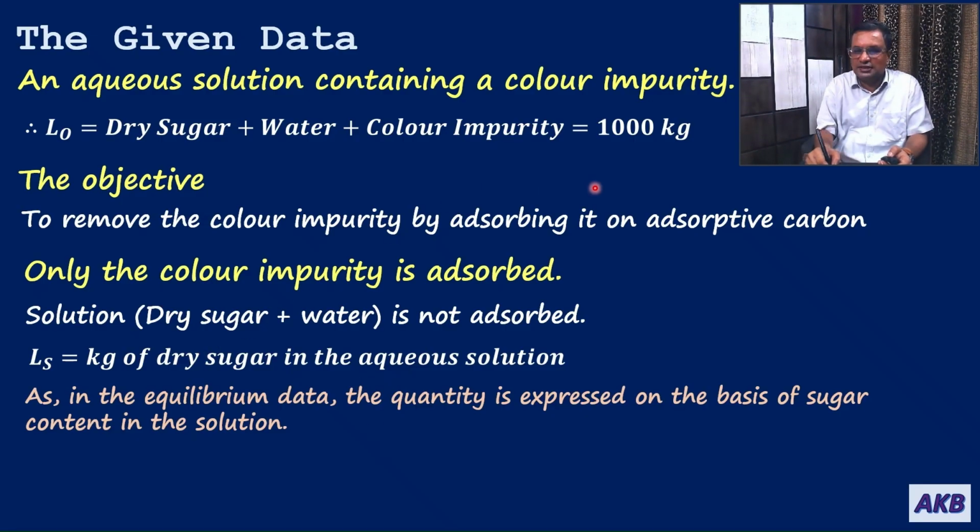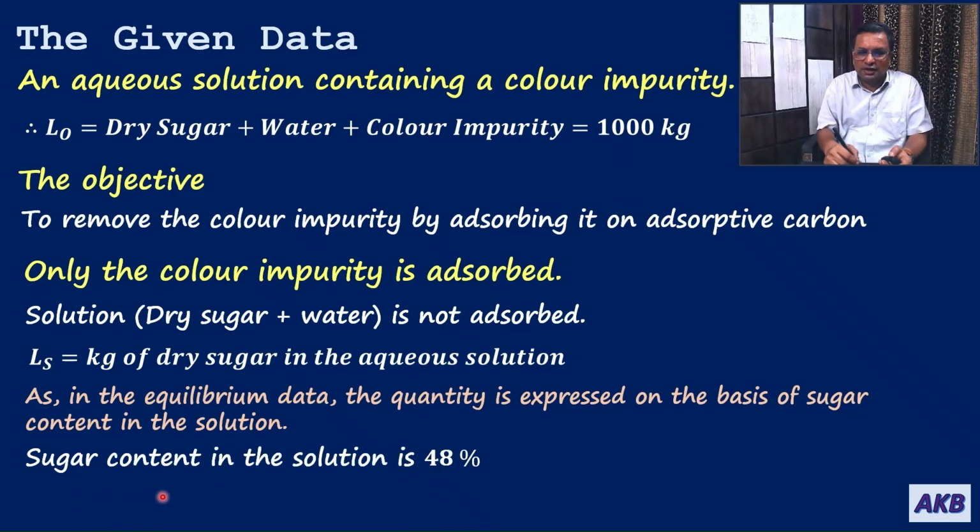So in this case, LS is not 1000, but it is kg of sugar in this 1000 kg solution. The sugar content of the solution is given to us: 48%. So LS is 0.48 times L0.